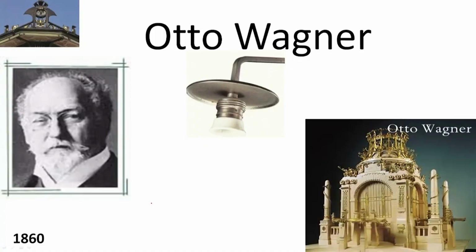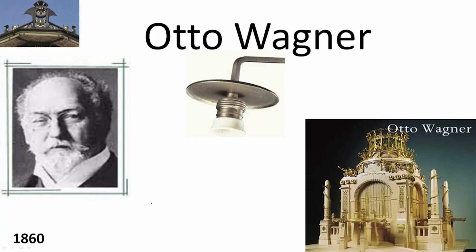So, the designers one by one, whose best inputs in the evolution of design I will be covering, are actually from all these 4 different periods. So, let us start with the first name, Otto Wagner of 1860.